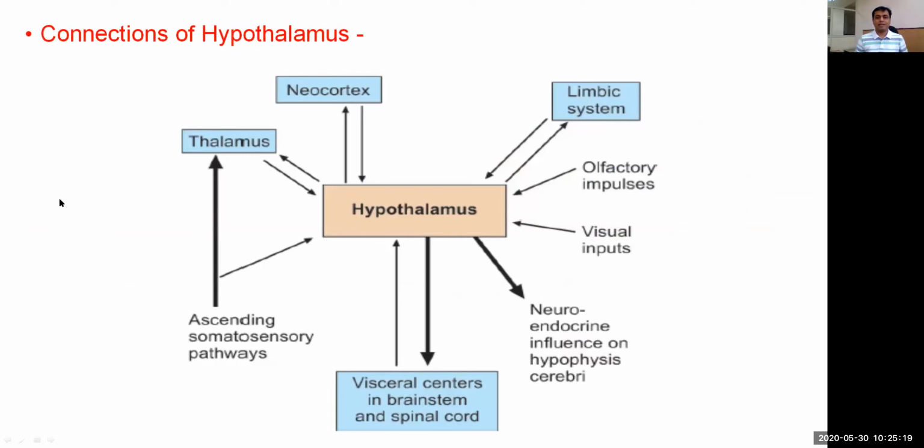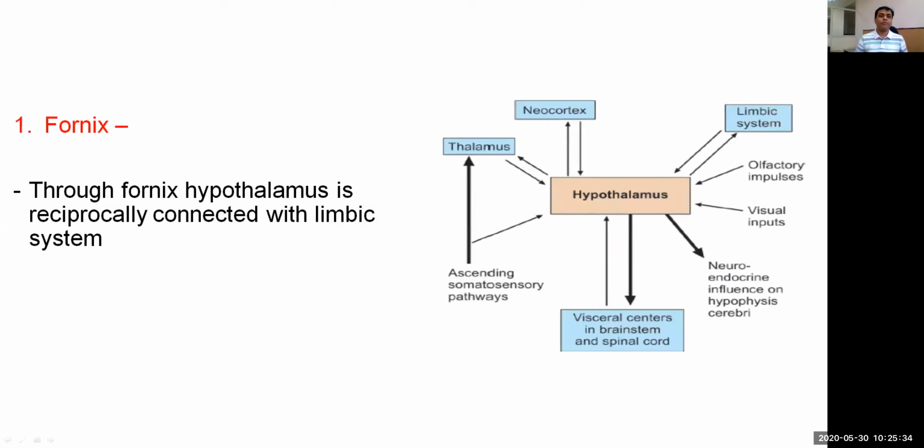Hypothalamus has very extensive connections with many of the other structures in the nervous system. And in many instances, these connections are reciprocal. Let us consider them one by one. Fornix: through the fornix, hypothalamus is reciprocally connected with the limbic system.